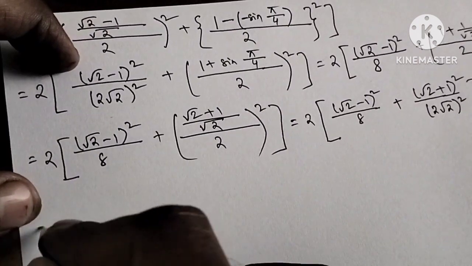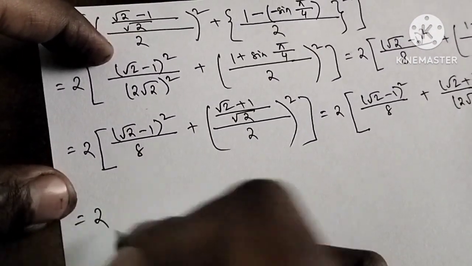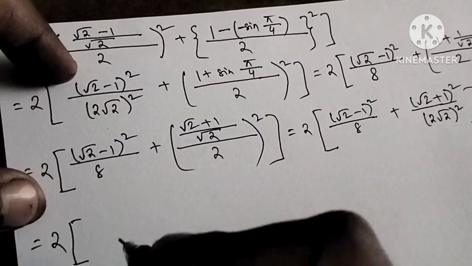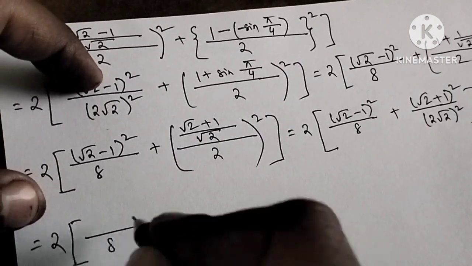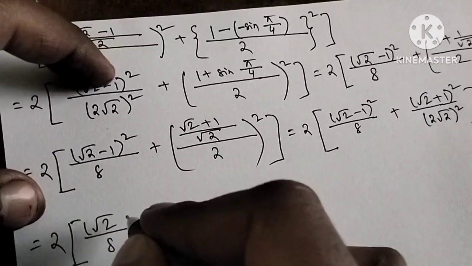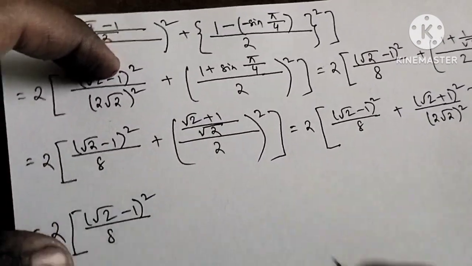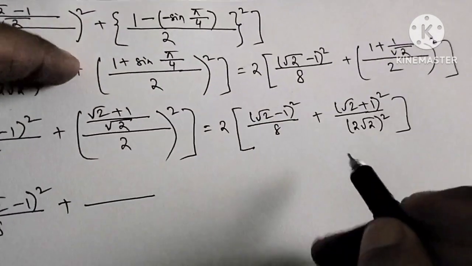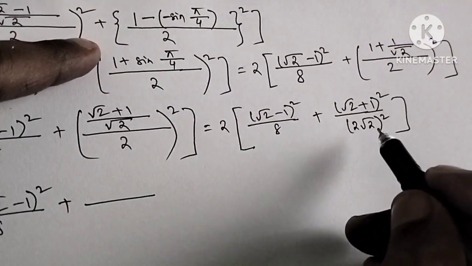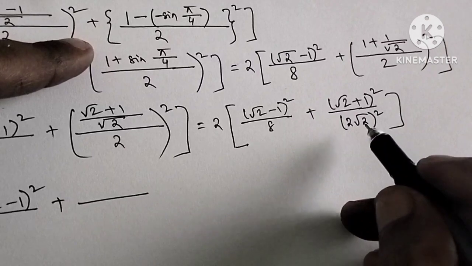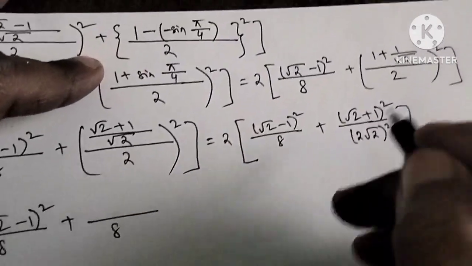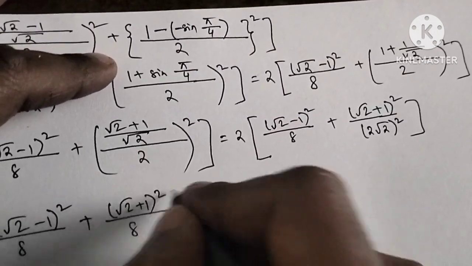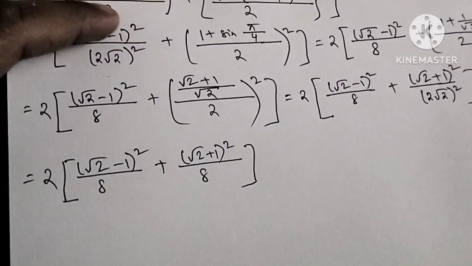So it will be 2 root 2 minus 1 whole square plus, in the denominator 4 into 2, that is 4 into root 2 square is 2, that is 8, and root 2 plus 1 whole square, right?